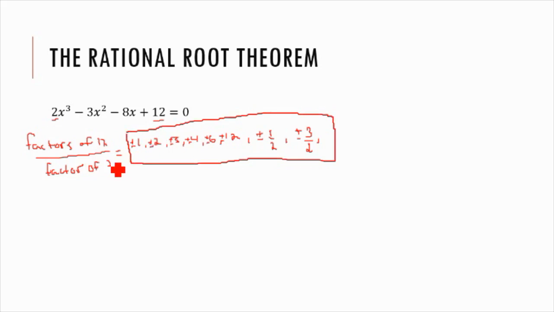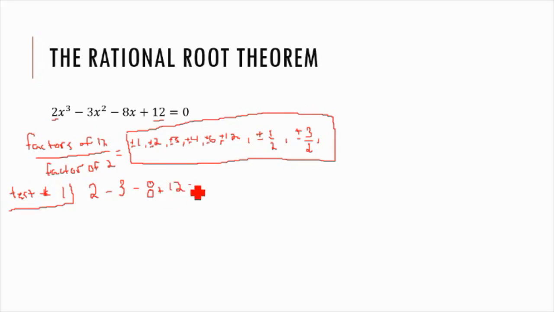So I'm going to use the remainder theorem to see if they work. I'm going to start with testing the number 1. If I try 1, I'm going to substitute 1 in for all the x's. I'm going to get 2 minus 3 minus 8 plus 12.